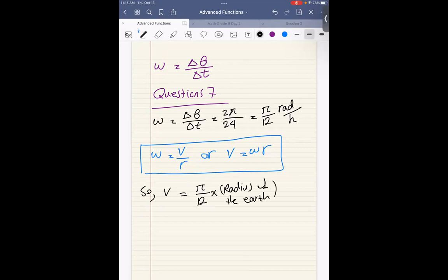What is the radius of the Earth? It's given in the question. So V is equal to pi over 12 times 6,371.